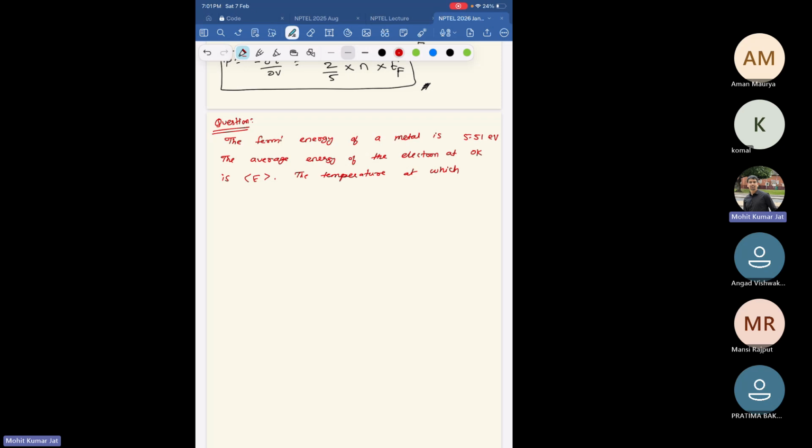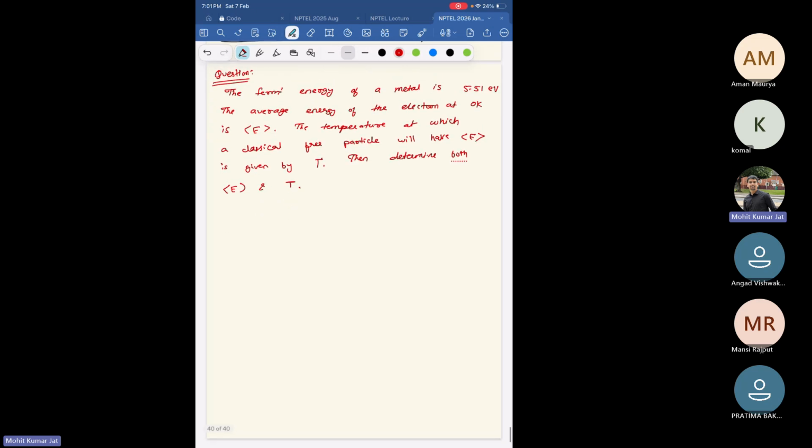The temperature at which a classical free particle will have this much energy is given by T. Then determine both E and T. So you have to determine the average energy per particle and the corresponding temperature.